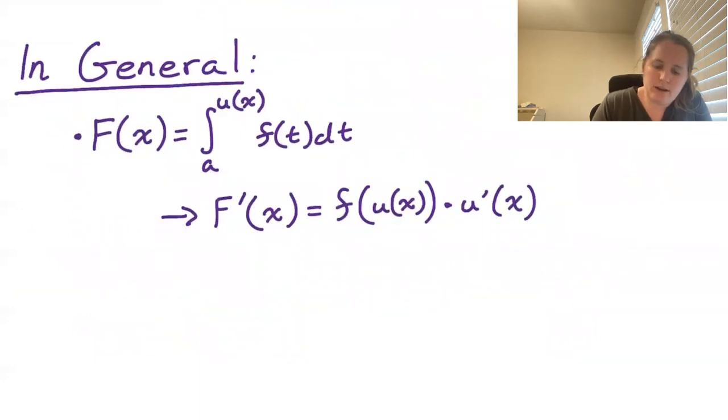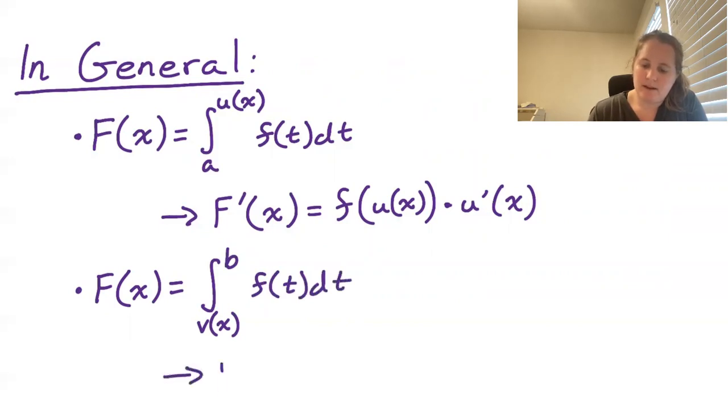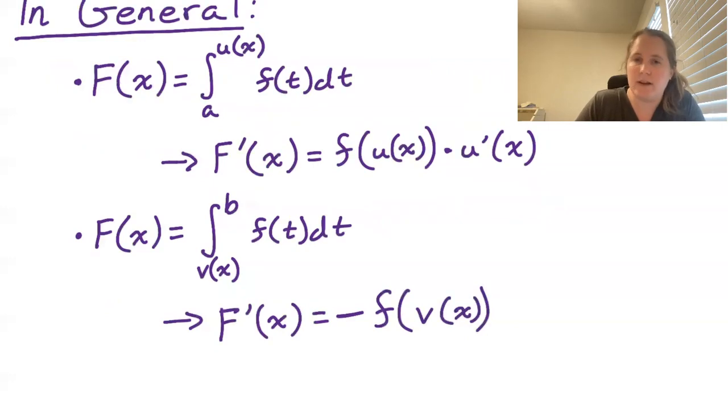We saw that if we had capital F of x equal to the definite integral from, let's go from v of x to b of lowercase f of t dt, then the derivative capital F prime of x is equal to, we do negative, because it came from the lower bound. Remember, we swapped our bounds. Negative lowercase f evaluated at v of x times v prime of x.